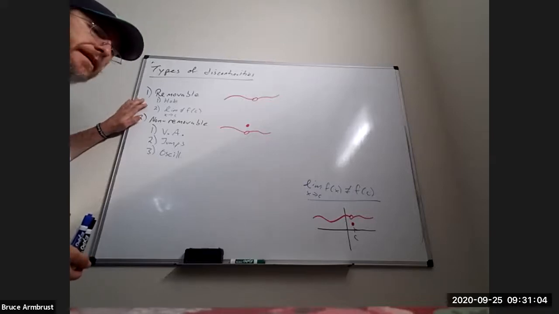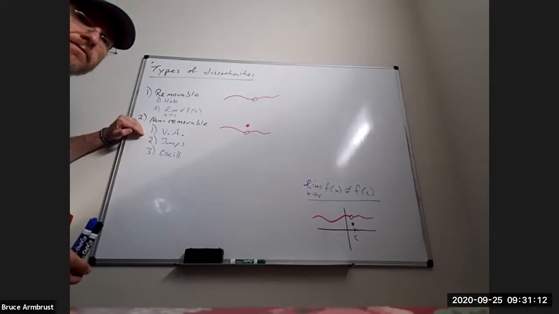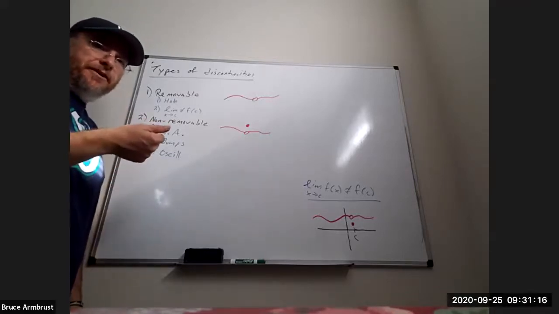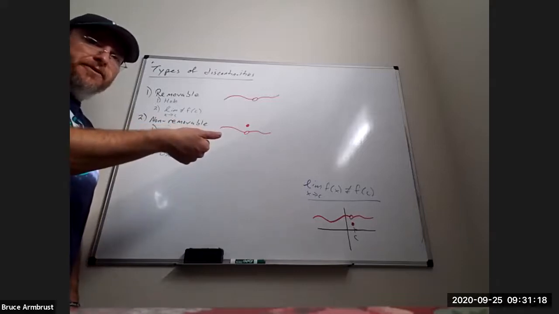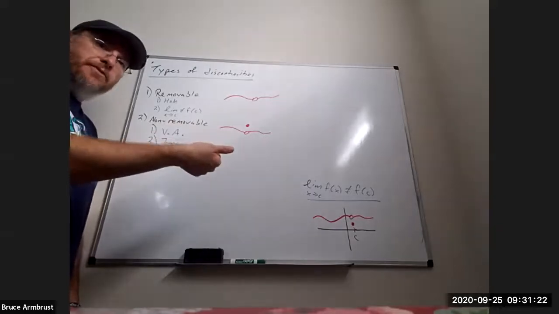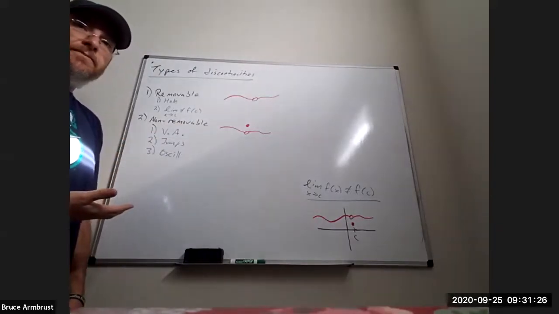If the limit exists, it's going to be a removable discontinuity. If the limit doesn't exist, it's non-removable. Visually, I like to think of plugging your finger into the hole. Stop the bleeding. If you can do that, it's removable. Otherwise, it's non-removable.